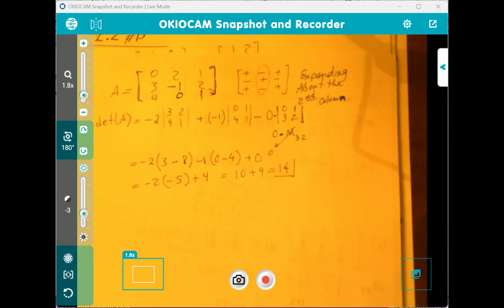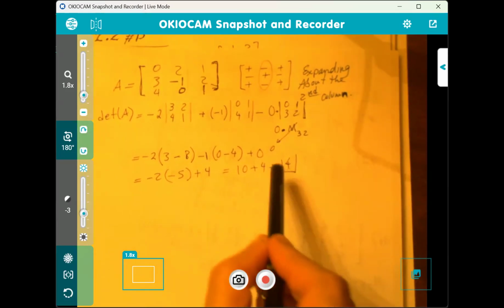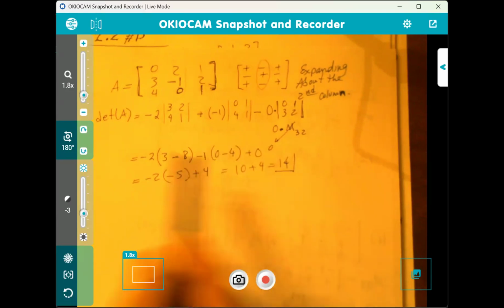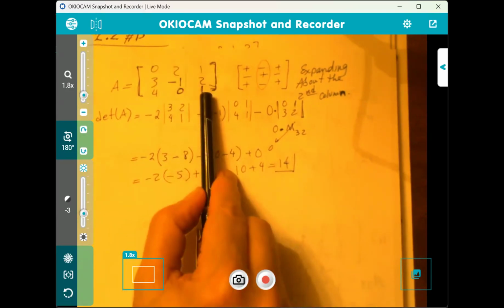Let me switch to our notepad. We did the exact same thing, but we didn't use the first row, did we? We actually used the second column. We got the exact same number. So I was just pointing this out, that you can expand about any row or any column.